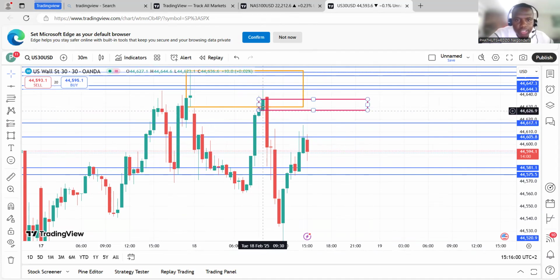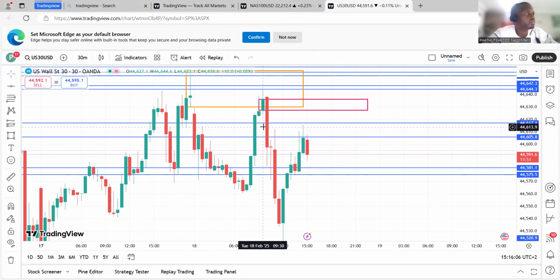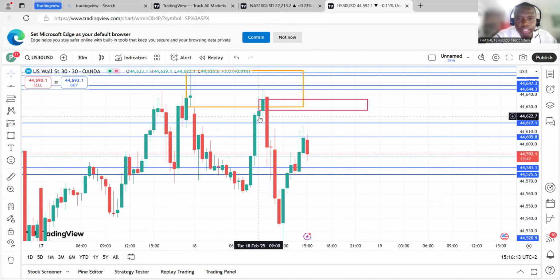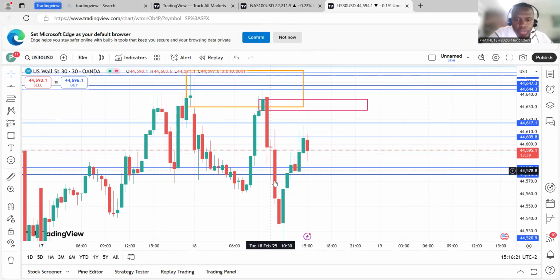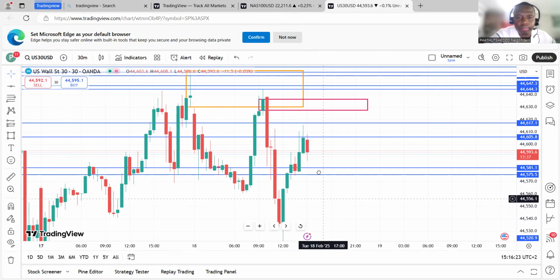And I told you guys that anything below here is gonna be a nice sell. Sorry about that, guys. I did tell you that anything below here is gonna be a sell, right? But they came and did it here, right? And I'm 100% sure that I was also gonna see this sell, okay? And then they went all the way down, okay?